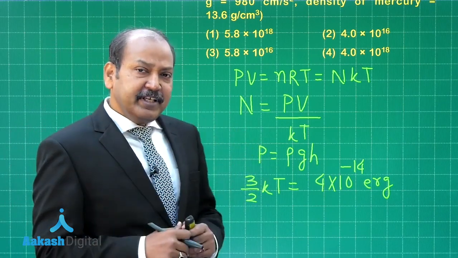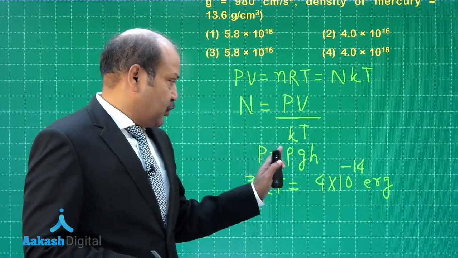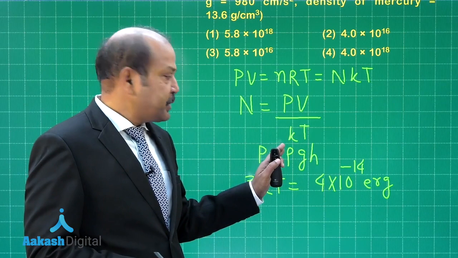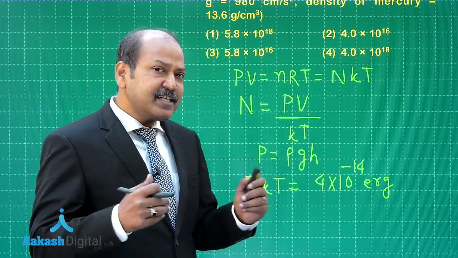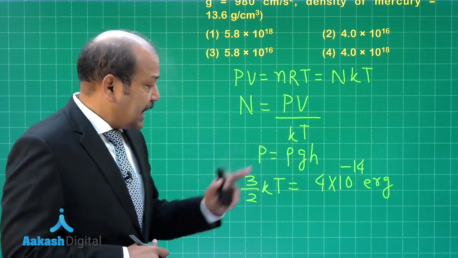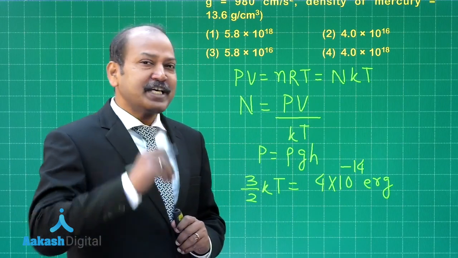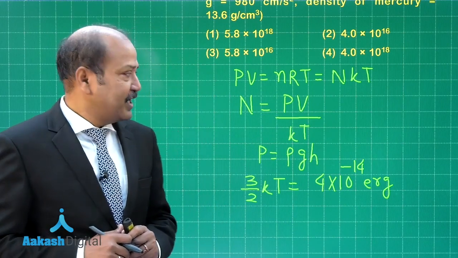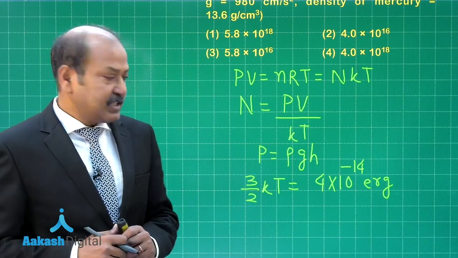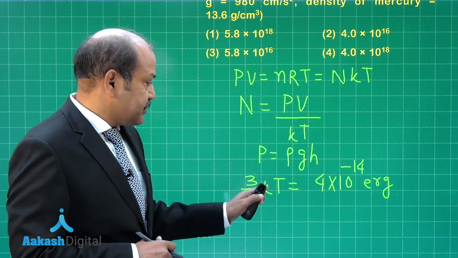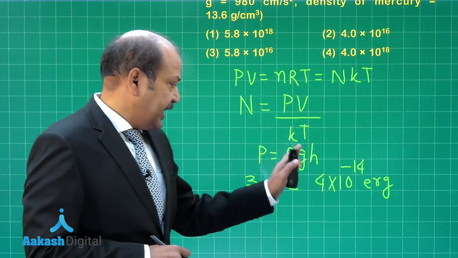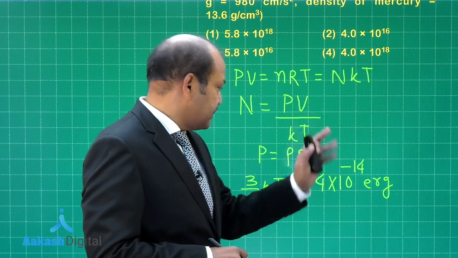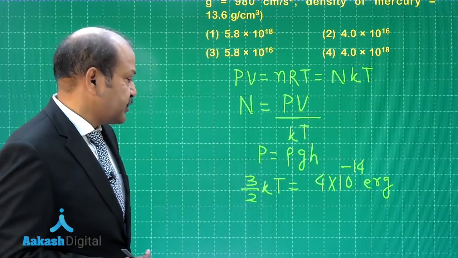Do we have everything? Yes, we have. Rho is 13.6 gram per cubic centimeter, g is 980 centimeter per second square, and the value of h is 2 centimeter. Let us put in all these values, and for kT we substitute 8 into 10 to the power minus 14 divided by 3 in CGS units.